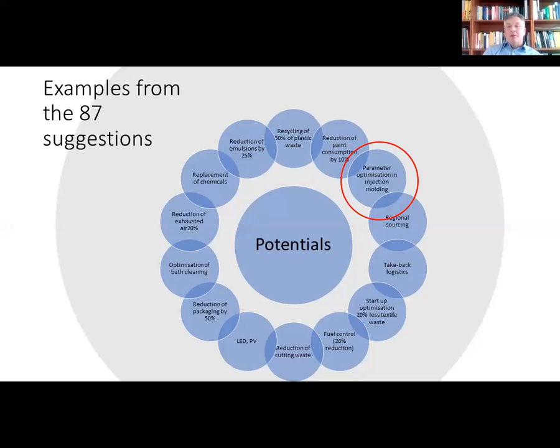The parameters temperature, pressure, time were modified in a way that 15% electricity could be saved. Regional sourcing applies, amongst others, to wood processing companies. In one company, they are replacing timber which they are buying from Asia by regionally grown timber.